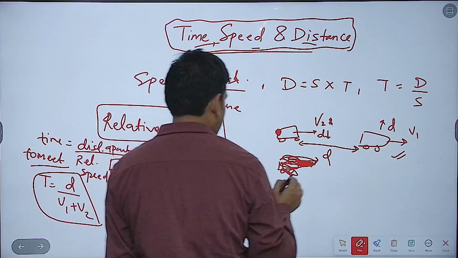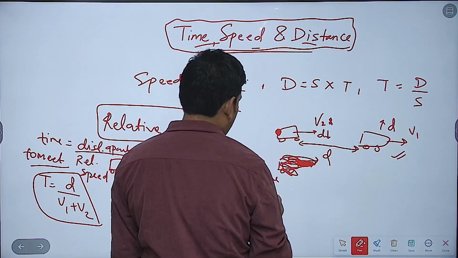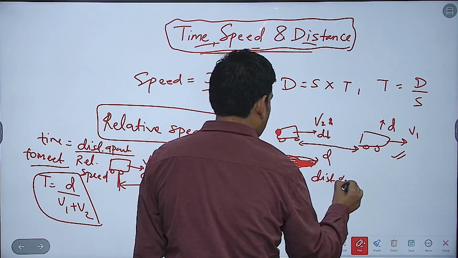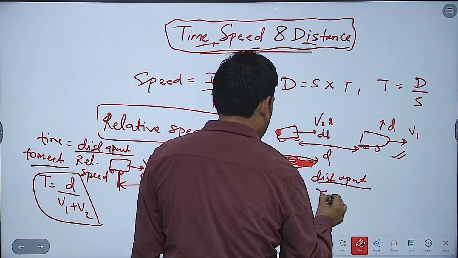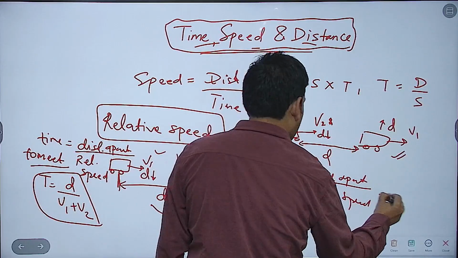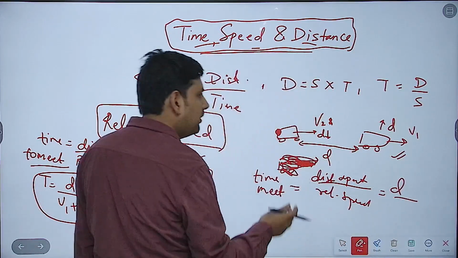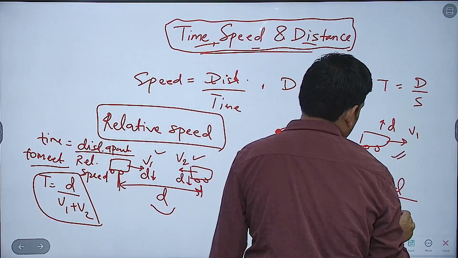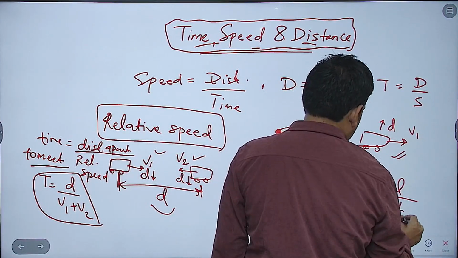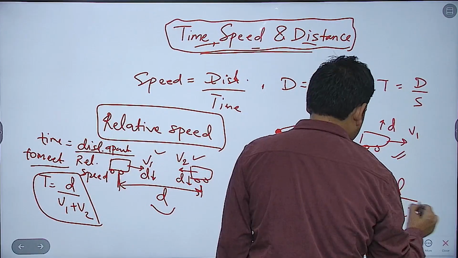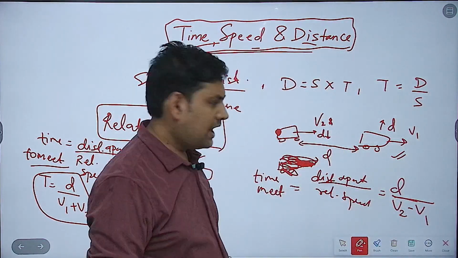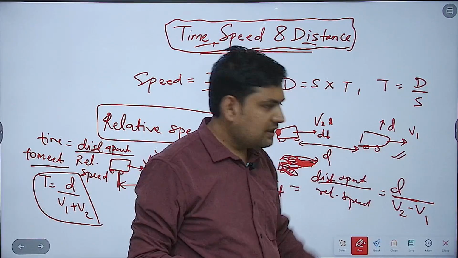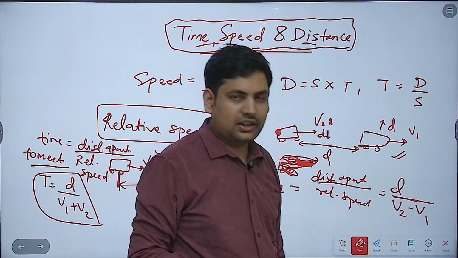So the time taken for them to meet will be equal to, again, distance apart upon the relative speed. Distance apart is d. Relative speed will be the difference of these two, that is v2 minus v1. Because this only is trying to cover the distance, and that one is just increasing the distance. So I have subtracted this.